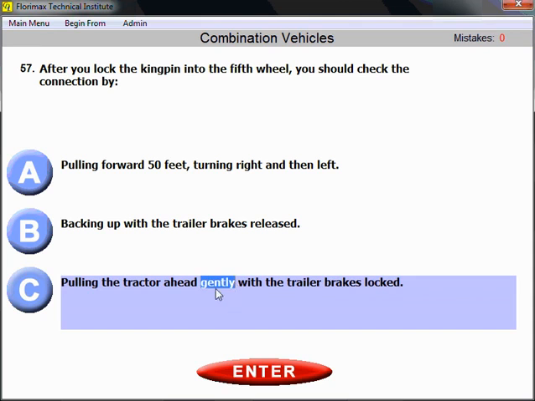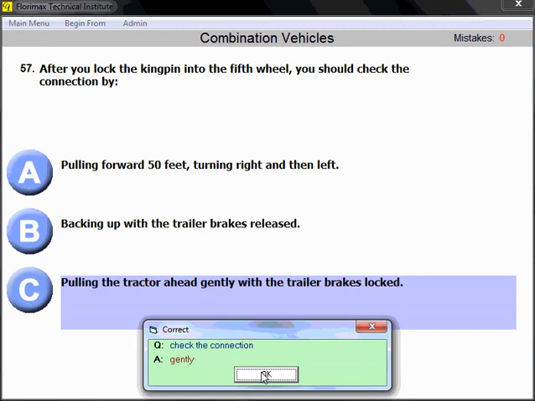Again, the key word, the magic word, which indicates the right answer, because everything you do should be done securely, gently. Pulling the tractor ahead gently with the trailer brakes locked. That's how you check the connection between the kingpin and fifth wheel. Pulling the tractor ahead gently.